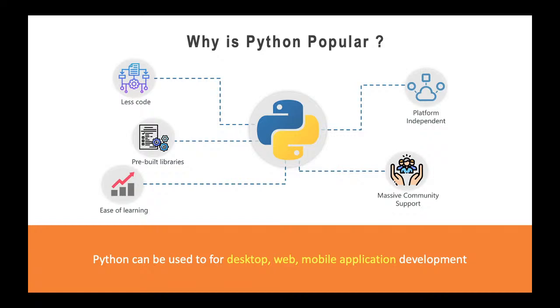It has a good community where you can explore libraries which can help you build a lot of things in different sectors, like statistics, machine learning, AI, data science, web development, and more.